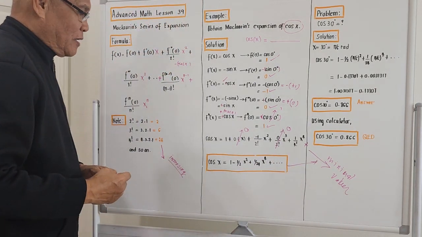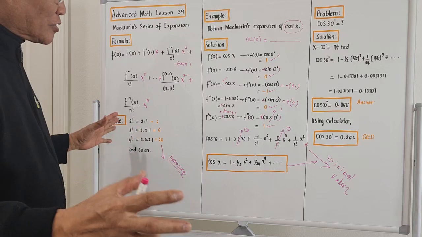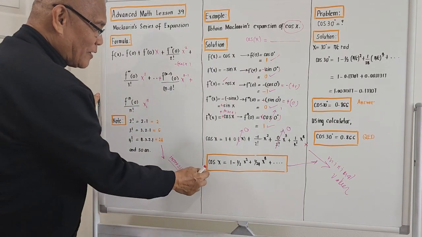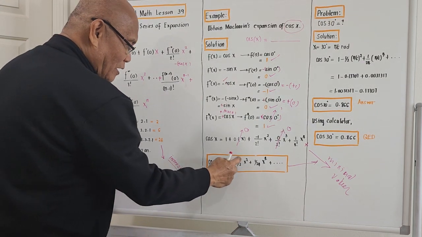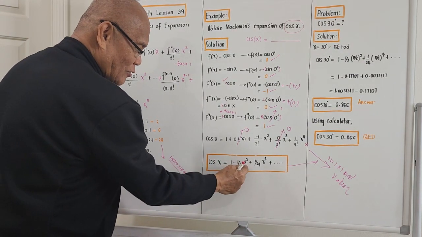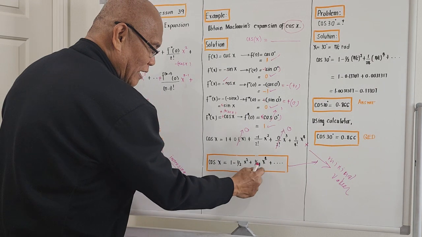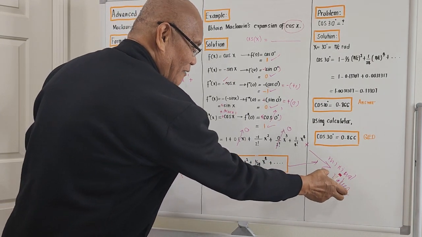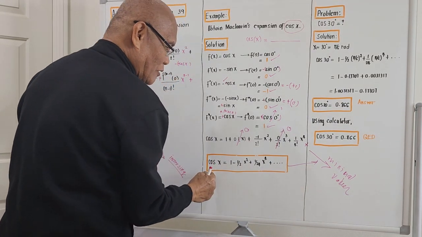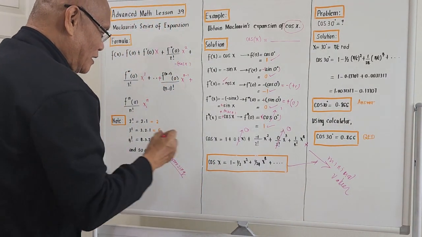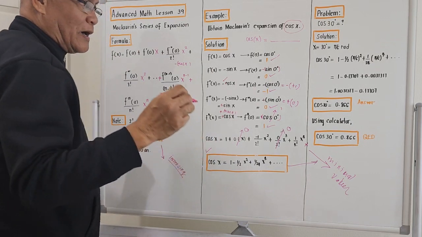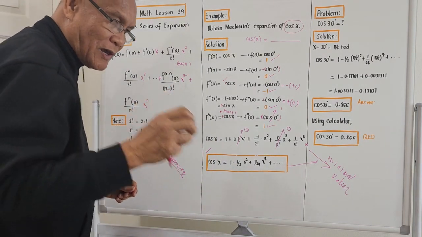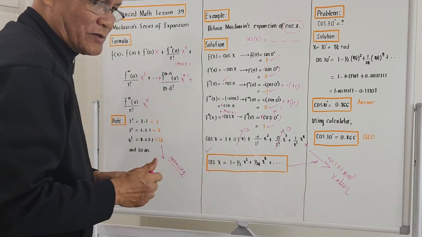So if we compute the cosine of any given angle, the formula is: cosine of x equals 1 minus 1 half of x squared plus 1 over 24 times x to the 4, plus the minimal values, which have a minimal effect on the value of cosine of x. This is the general formula for taking the value of any cosine function, whether in degrees or radians.